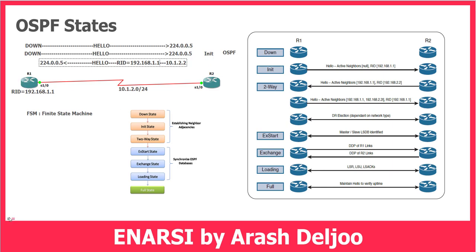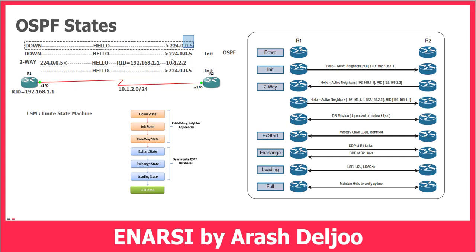Because of that, router 1 goes to the next state, two-way. After that, in the next hello that we send to router 2, in the active neighbors, router 1 is using the RID of router 2.